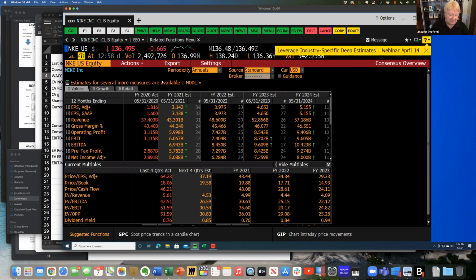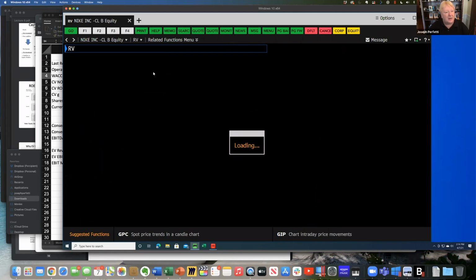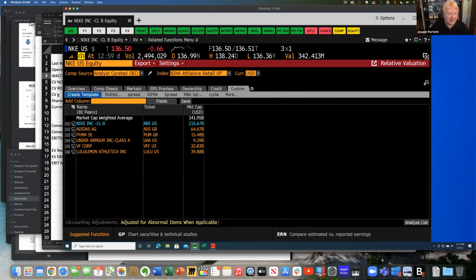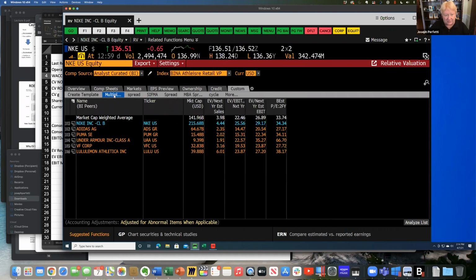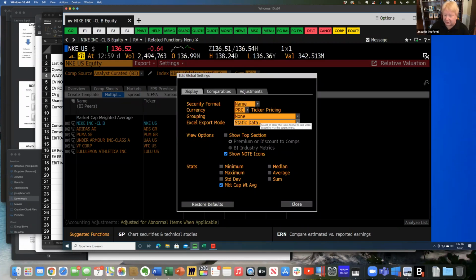And then finally, same reason, we then go to RV, custom. I'm using analyst curated for my source, but our multiples template, again, settings, global settings, make sure you're exporting static data, which is something you can do with RV. You can't do it with FA anymore.